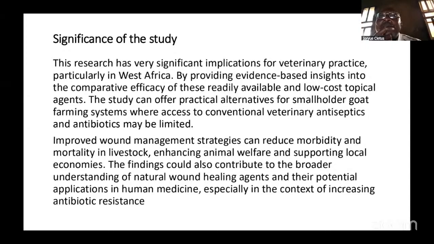Significance of the study. This research has significant implications for veterinary practice, particularly in West Africa, by providing evidence-based insight into the comparative efficacy of these readily available and low-cost topical agents. The study can offer practical alternatives to smallholder goat farming systems where access to conventional veterinary antiseptics and antibiotics may be limited.